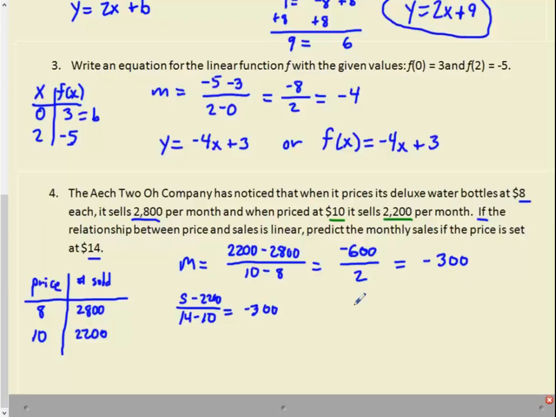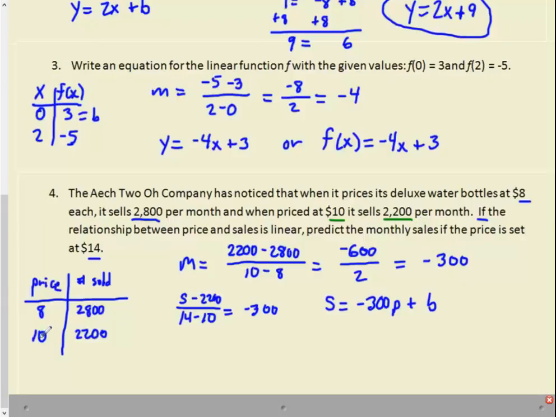Another thing we can do is determine our y-intercept. So we could say that the number of sales is equal to our slope, -300, times the price, so that's S for sales, times the price, plus our y-intercept of b. Now substitute two values that we know.